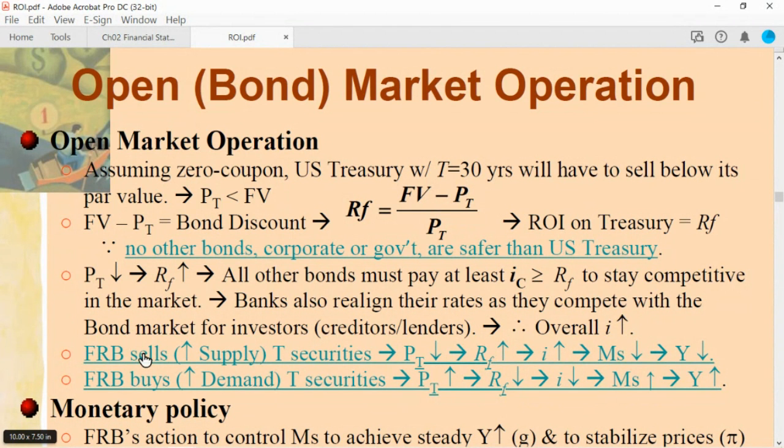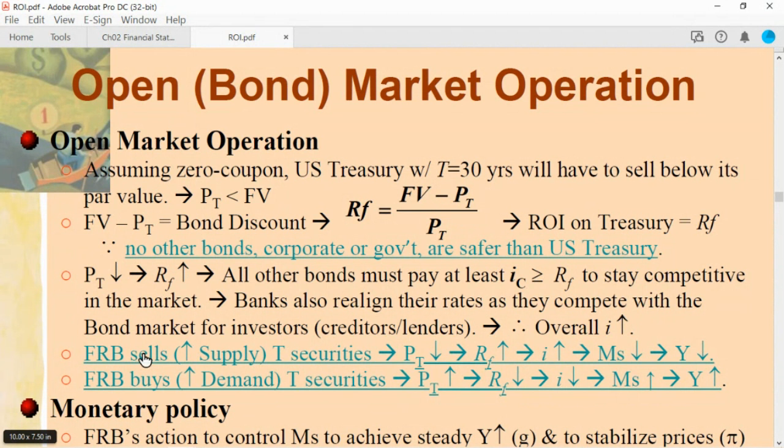Of course, assuming that the demand is held steady, but suddenly there is more supply, the price will have to go down. And of course, the demand for treasury has no reason to just jump up suddenly. But releasing more treasury securities in the market can happen overnight. It can.